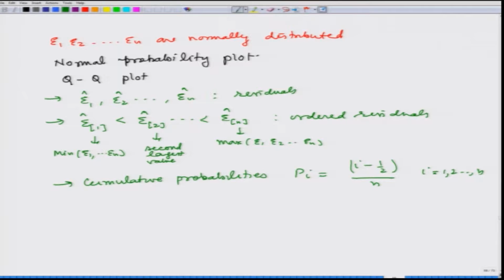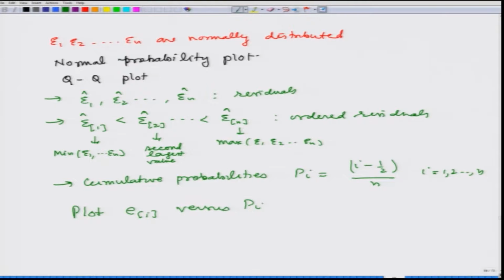Some software may use some other value instead of 1/2, so it may be i minus something divided by n, but our basic idea is to compute the cumulative probability. Then we plot the ordered residuals versus p i, that is, the cumulative probability.